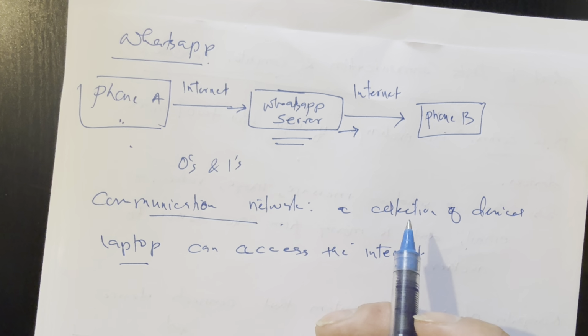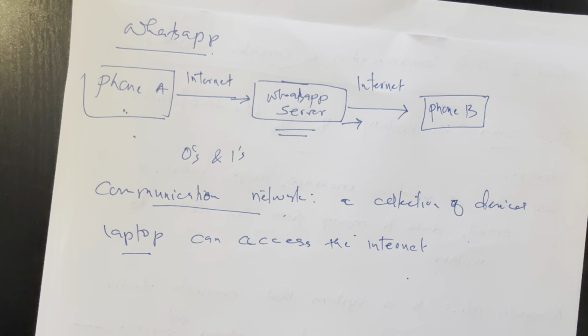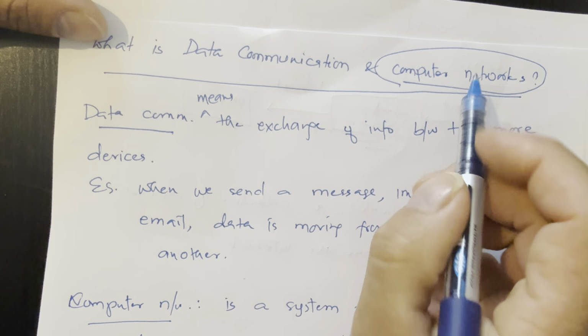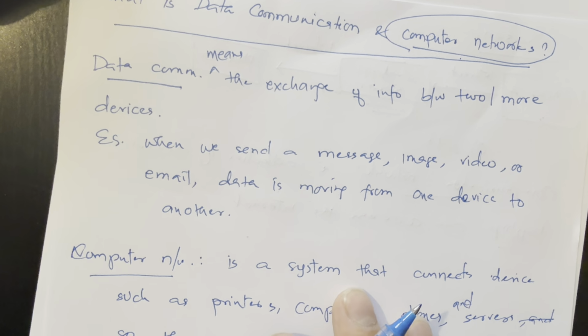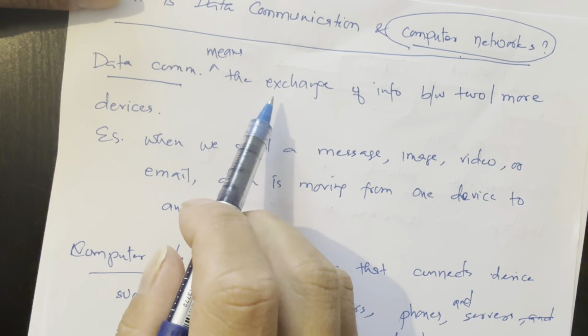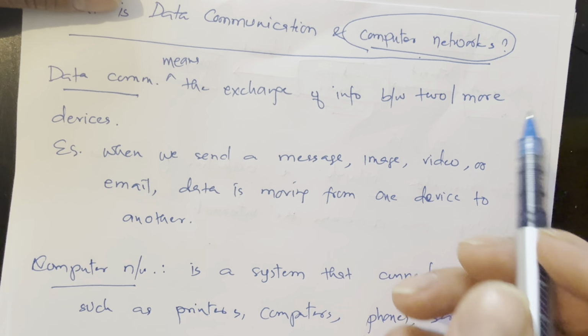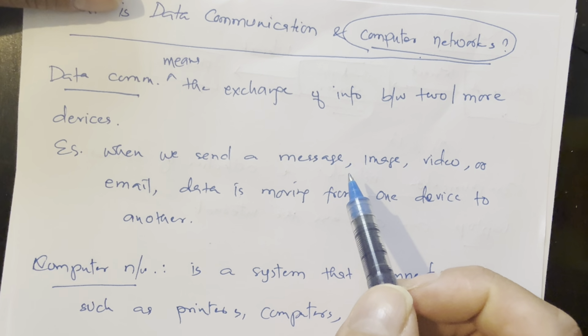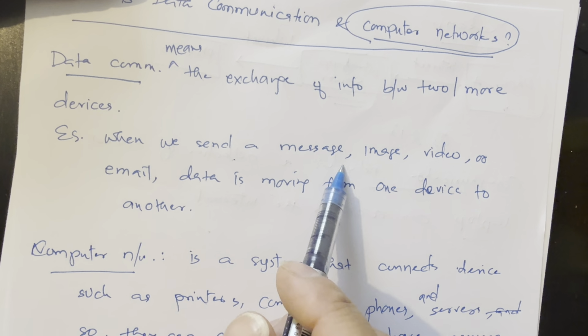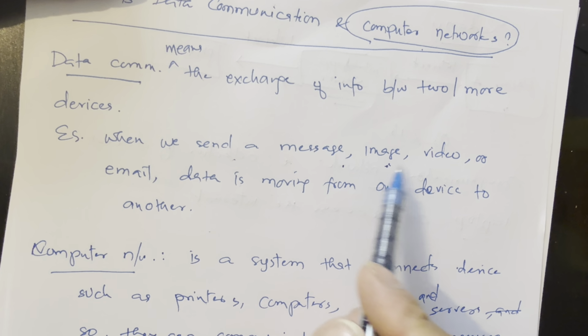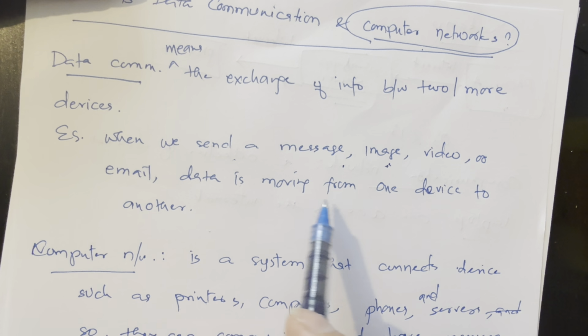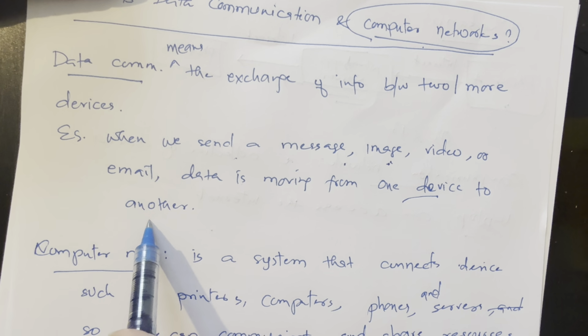That's the end of data communications and computer network. Let me summarize it. Data communication means the exchange of information between two or more devices. For example, when we send a message, video, image, or email, data is moving from one device to another.